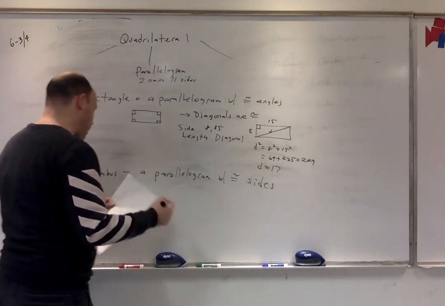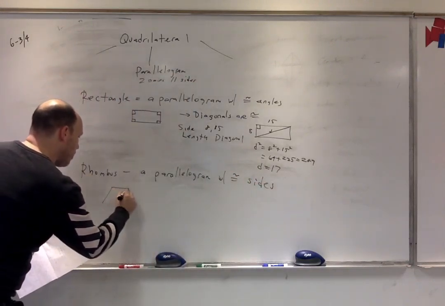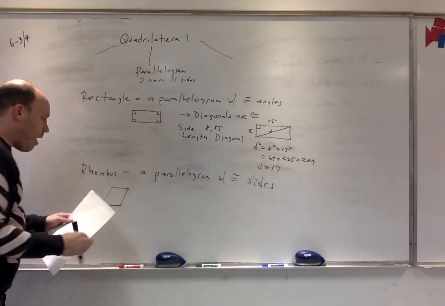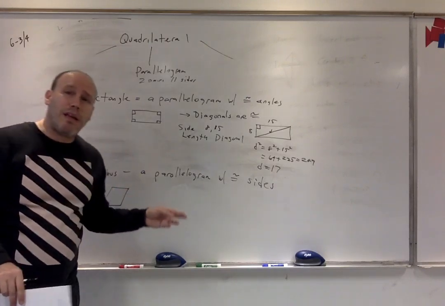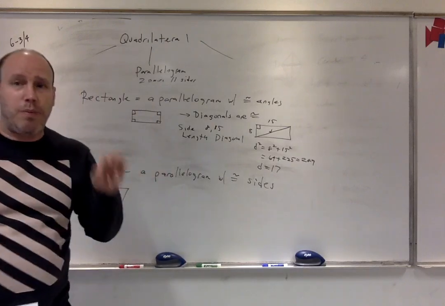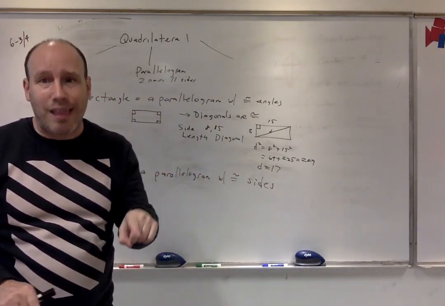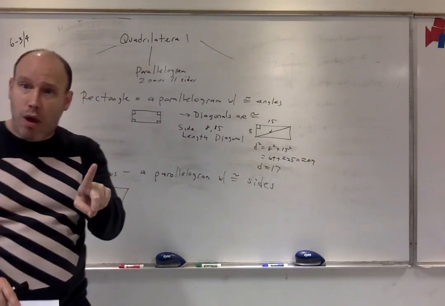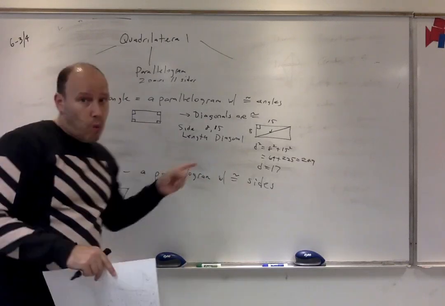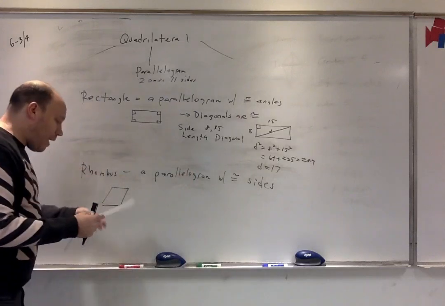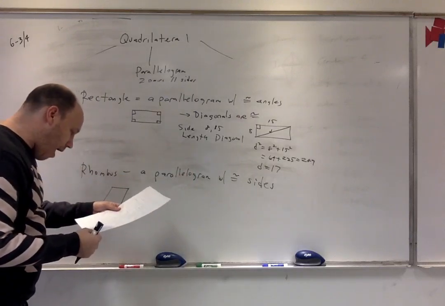The rhombus kind of looks like this. And you might say, well, that looks like a parallelogram, Mr. Adler. Yeah, that's why you need to be told what these things are. Don't just look at the shape and say, oh, I think it looks like that. You need to be like, no. What is this? Well, I'm telling you it's a rhombus.